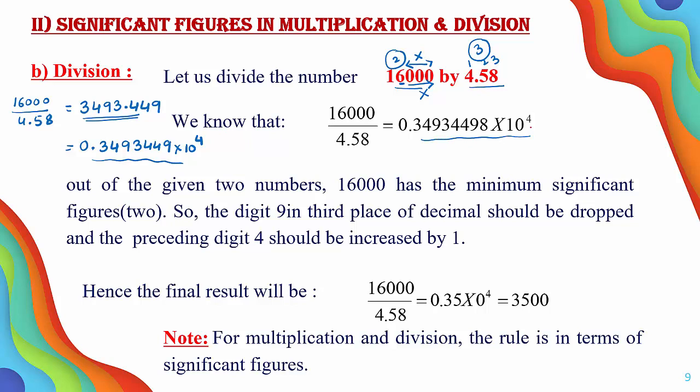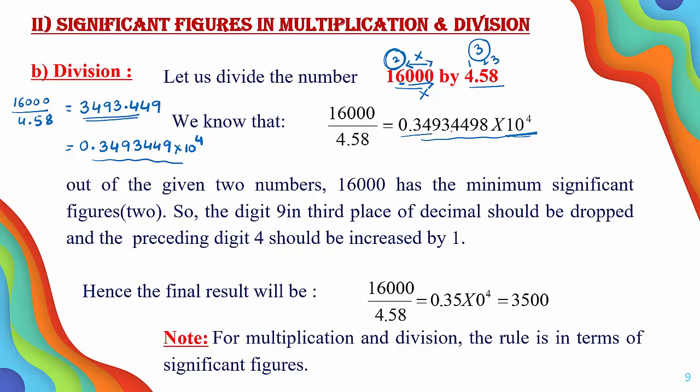But according to the rule, the final answer should have only the least significant figures, that is only 2 significant figures, because out of these two numbers, this number has the least. Now you can observe 10 raised to 4 is not connected to significant figures. It is irrelevant to significant figures. Don't bother about the power of 10. Leave it. So leave 10 raised to 4. Remaining is how much?